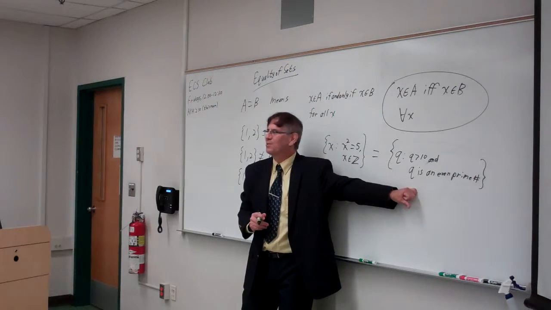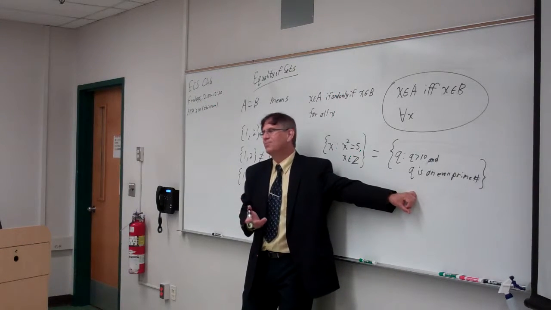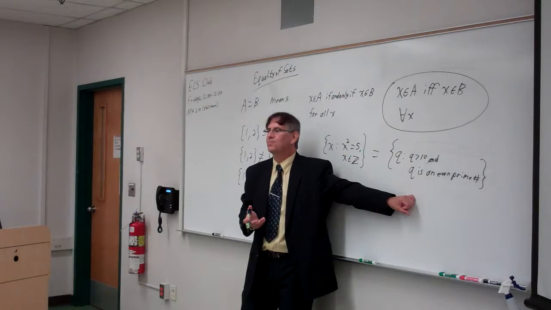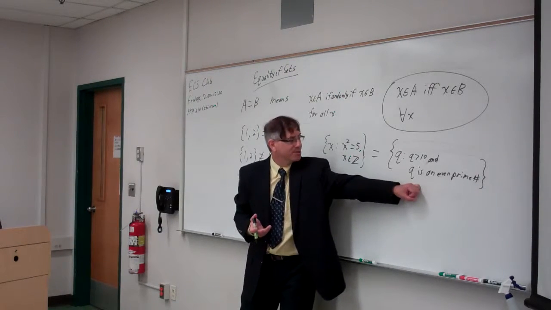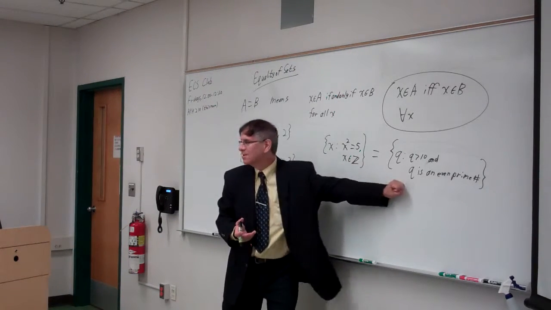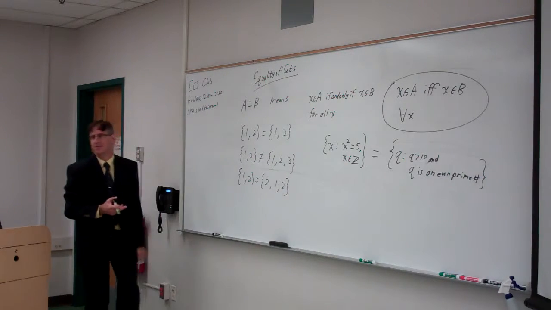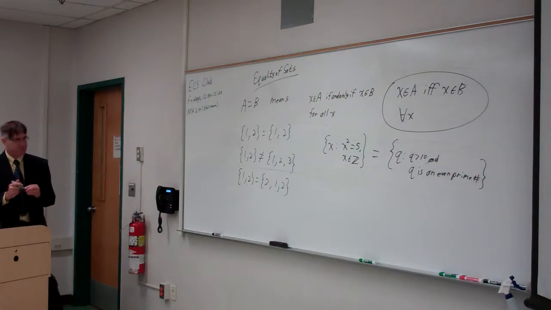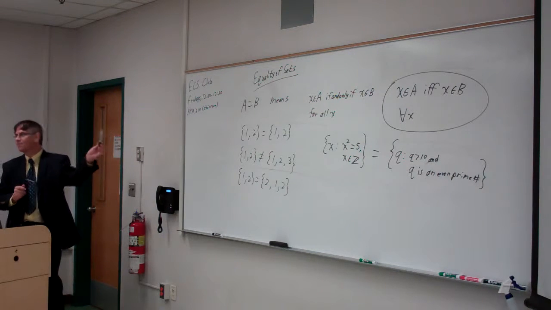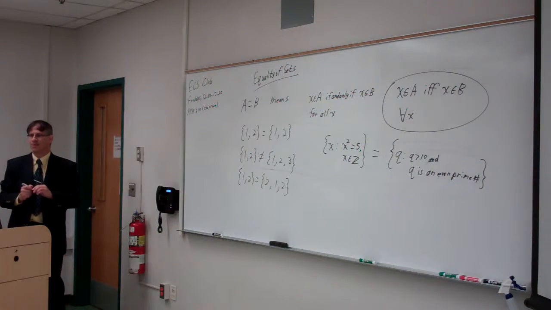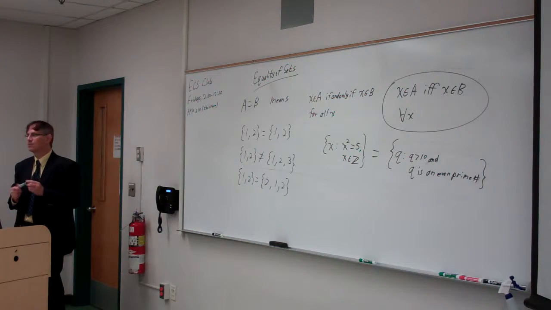Are there any even prime numbers bigger than 10? If you have an even number bigger than 10, it's divisible by 2. It can't be prime. So this is the empty set. So this set and this set are equal to each other. Their descriptions are obviously very different from one another, but as a set equality, they're equal. Make sense?